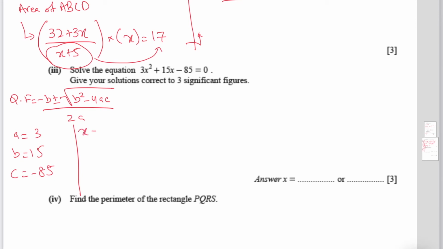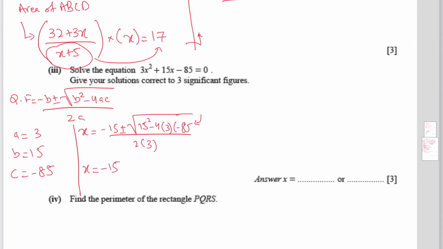So x would be equal to negative 15 plus minus under root 15 square minus 4 times 3 times negative 85, divided by 2 times 3. So let's plug this into the calculator.